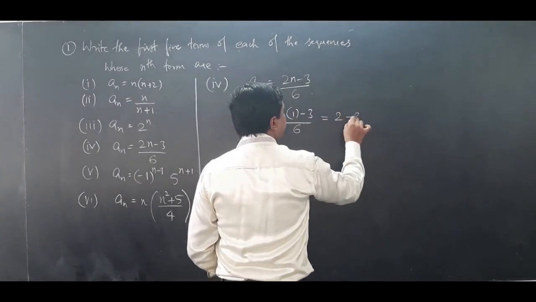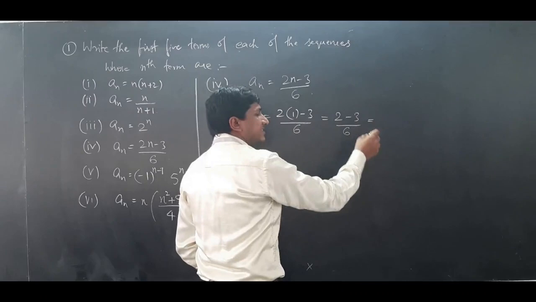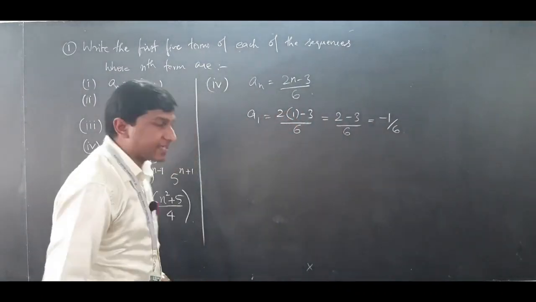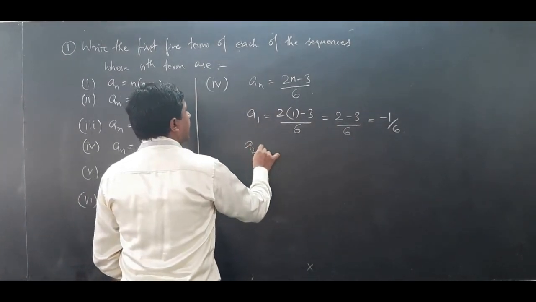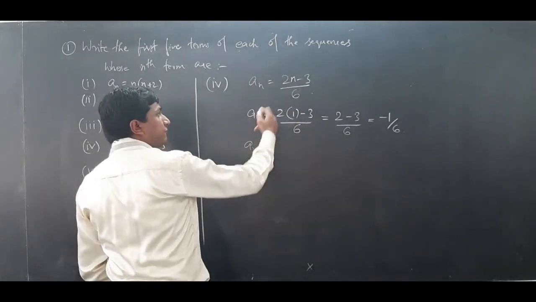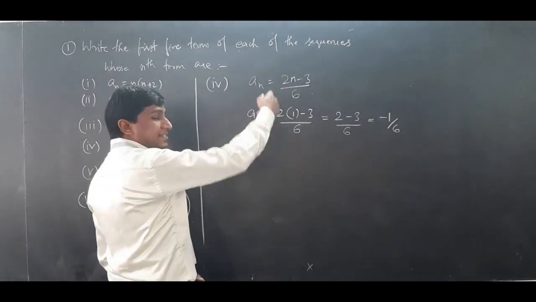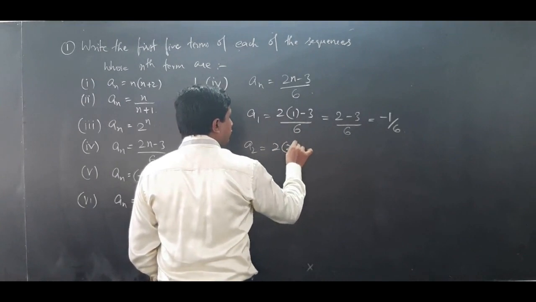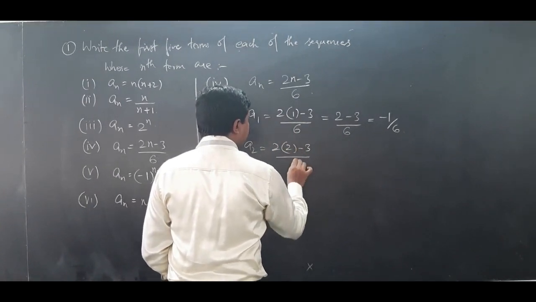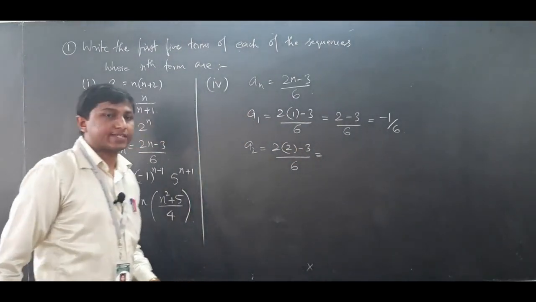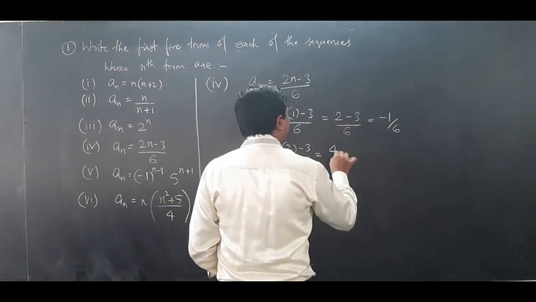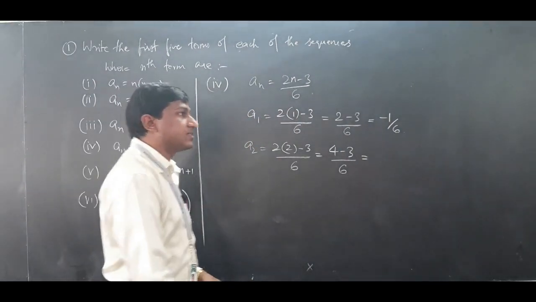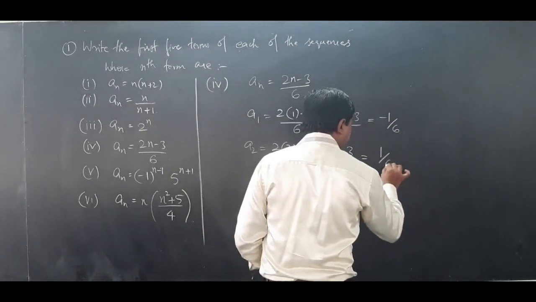So, this is 2 minus 3 by 6, 2 minus 3 is minus 1, it is minus 1 by 6. Okay. Second term, A2. Remember, first substitution and then simplification. 2 into 2 minus 3 whole divided by 6, that is 4 minus 3 whole divided by 6. 4 minus 3 is 1 by 6.